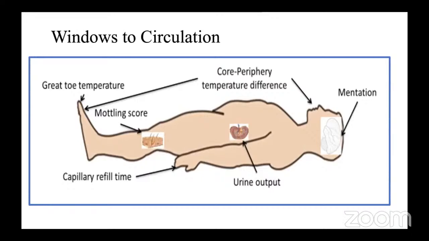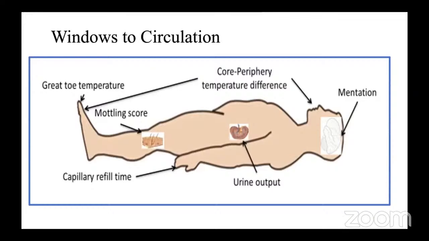Then there is a difference in the core and peripheral temperature, which again suggests a drop in the volume status of the patient. And as you infuse fluid in these patients and the circulation improves, this gradient should decrease. You can just look at the great toe temperature and whether it warms up after infusion.